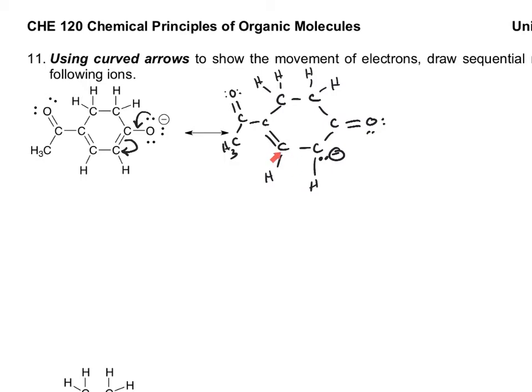We look next door. Is this atom part of a multiple bond or does it have a lone pair on it? The answer is it's part of a multiple bond, so we have additional resonance structures. So these electrons are going to swing in and form a new carbon-carbon double bond. That's going to require these electrons being kicked out and placed on that carbon atom.